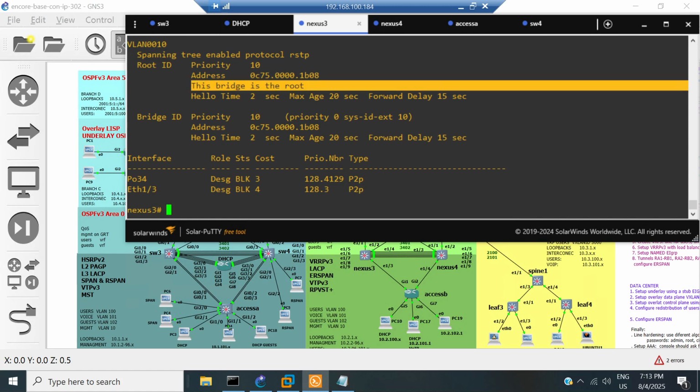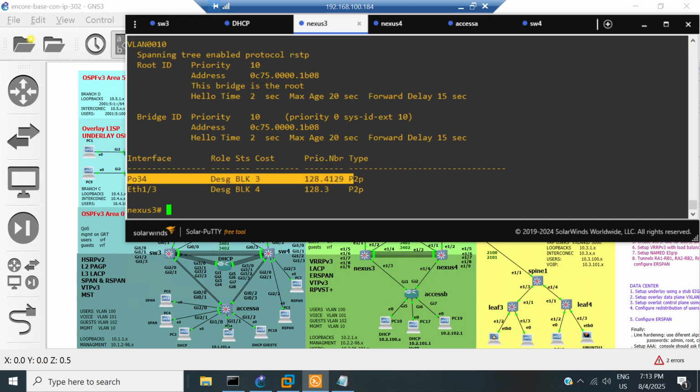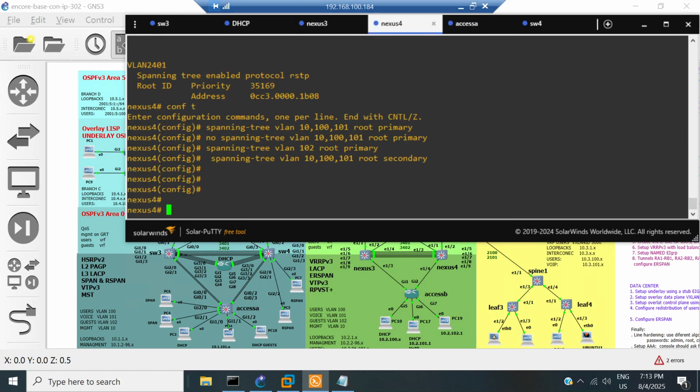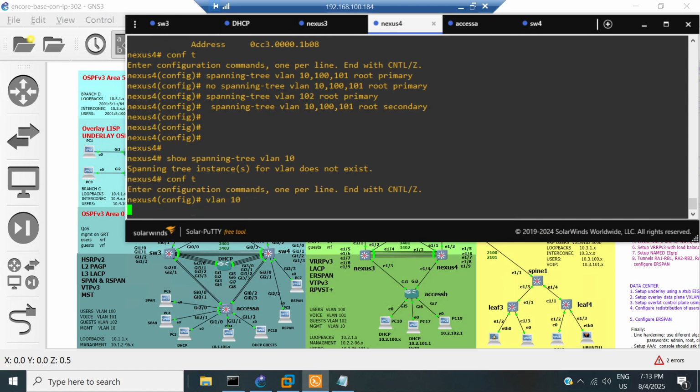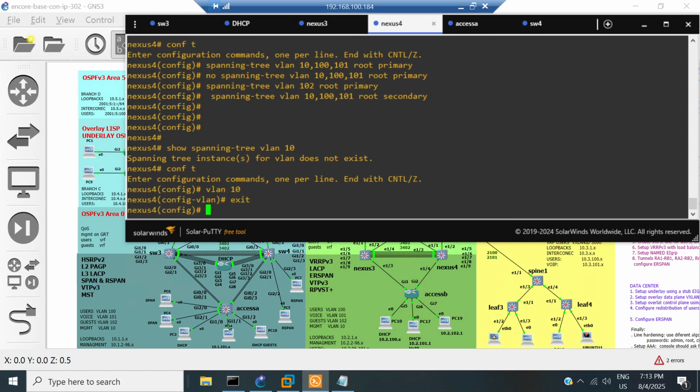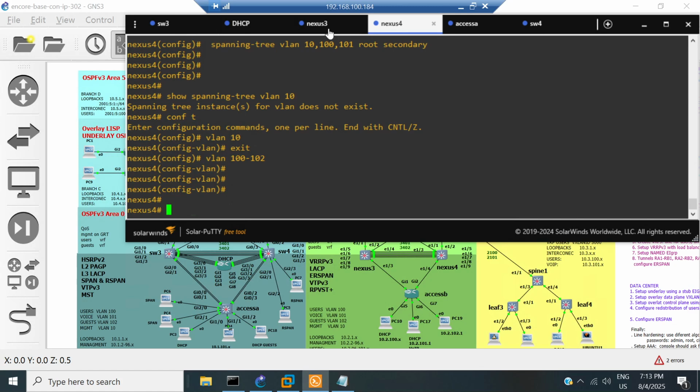Now this bridge is the root for VLAN 10. My port channel is now in blocking mode, and okay, let me create the VLANs here. My VLANs are not created yet, so I have to create them. If the VLANs are not created, spanning tree will not kick in. Now let's see.